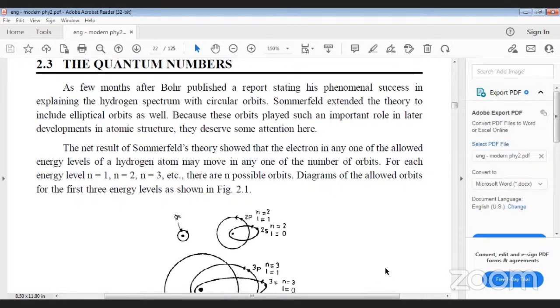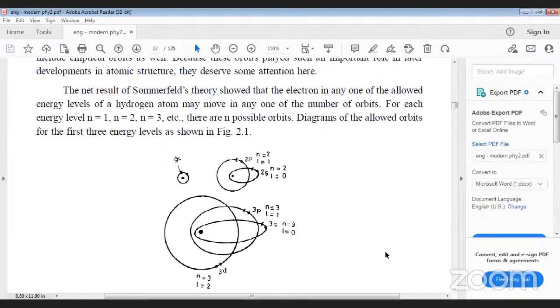These orbits play a very important role in the development of atomic structure. So what are the statements given by Sommerfeld here?